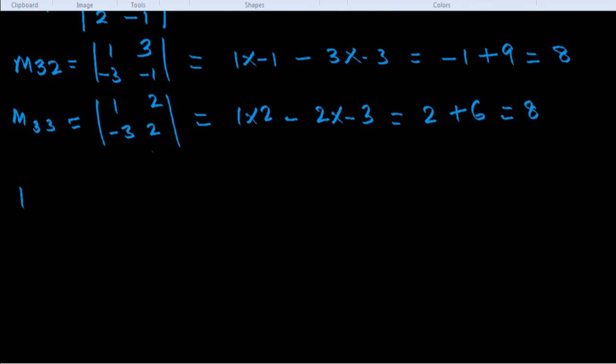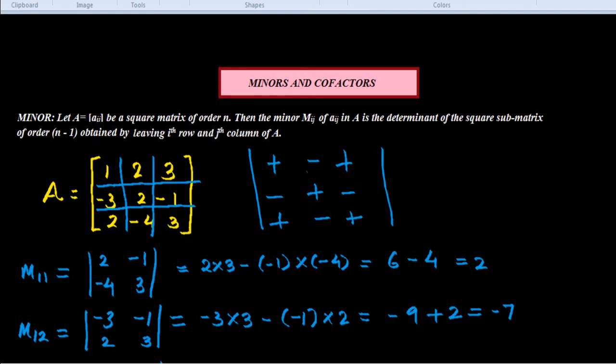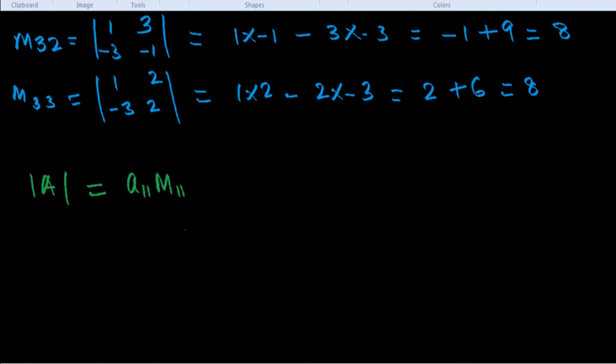So if we have to find out the value of the determinant of A, I change the color here: determinant A is equal to A11 M11, the first sign is positive, the second, A12, we have to take the negative sign, minus A12 M12, then we have positive sign there, so A13 M13.